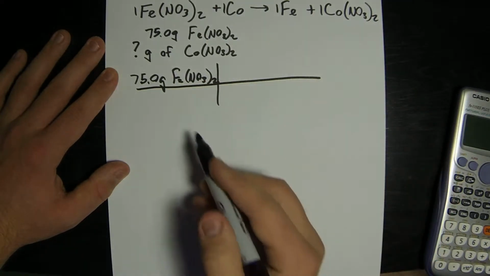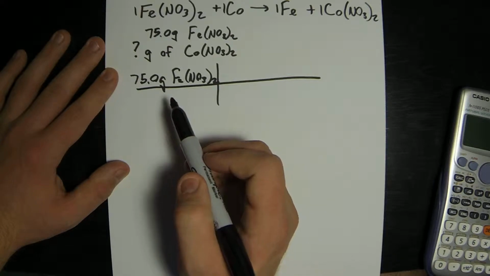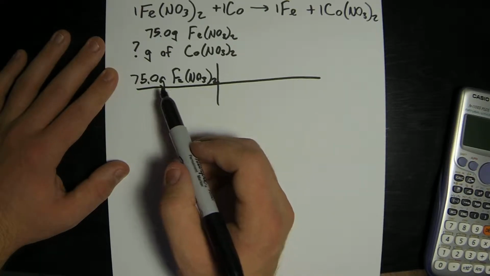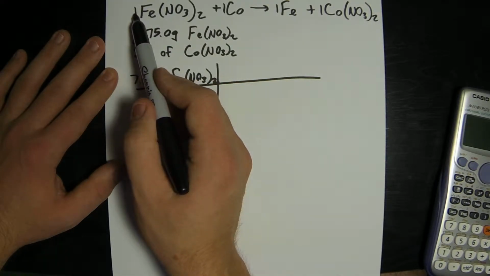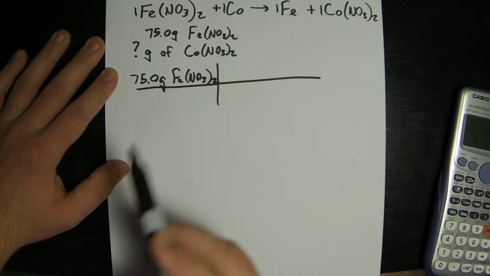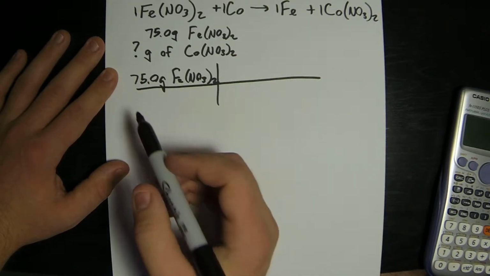We have to convert this into moles, because we cannot use these. These are stoichiometric mole ratios, these ones right here. We cannot use them unless we are in moles.